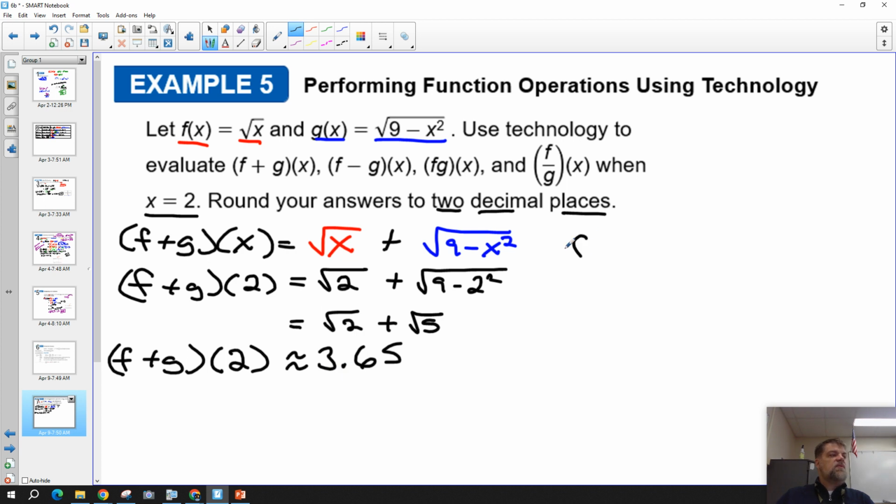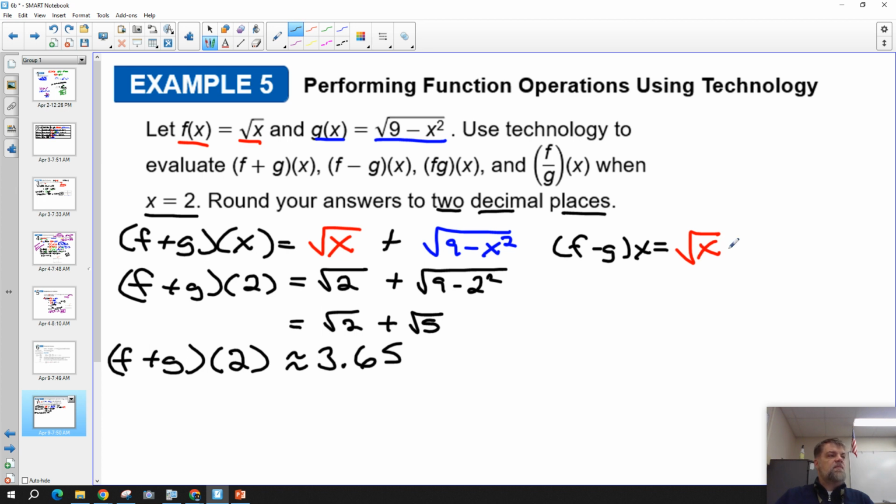Let's do the next one. We're going to say f minus g of x. I get so gung-ho sometimes. f minus g of x, and that's equal to the square root of x.